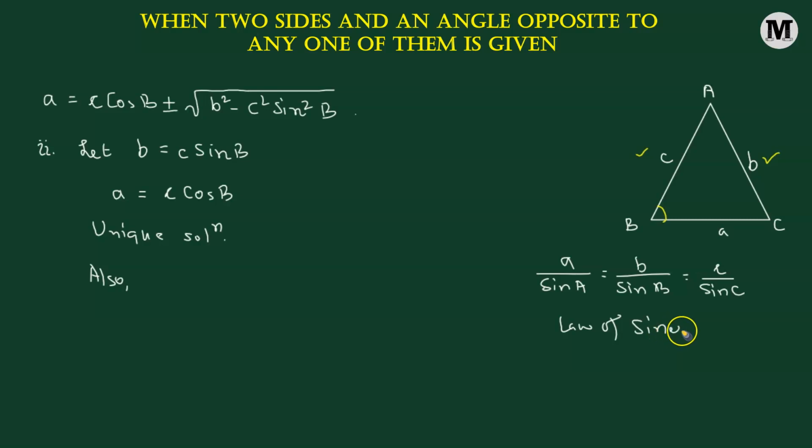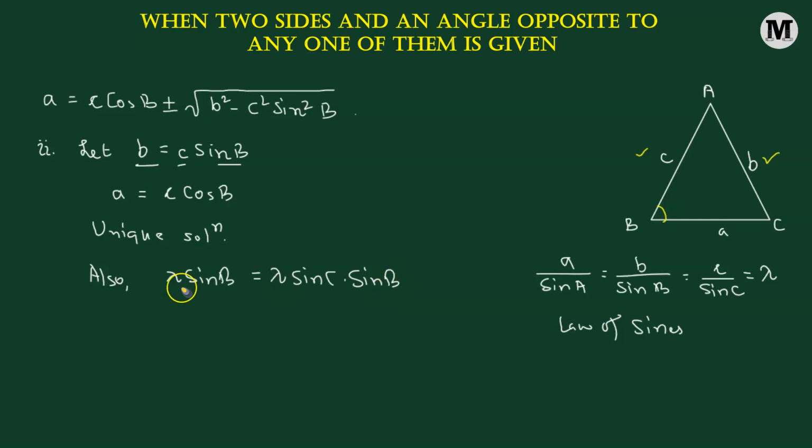Now in this law of sines, suppose all of these three ratios are equal to a common constant, let's call it lambda. Then in place of b, we can replace it with lambda times sine of angle B. This is going to be equal to c, which is lambda times sine of angle C, multiplied by sine of angle B.